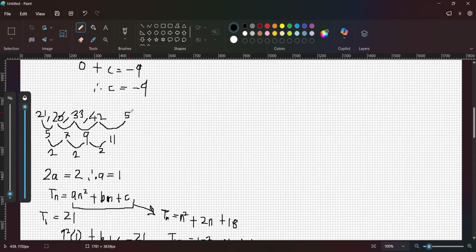Do you understand? Yes, sir. And you have to keep on doing like that. Common second difference again is 2, which will make this 11 plus 2, 13. 53 plus 13 should give you 66.